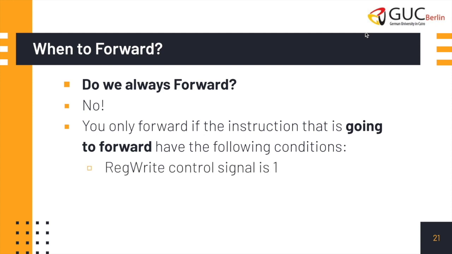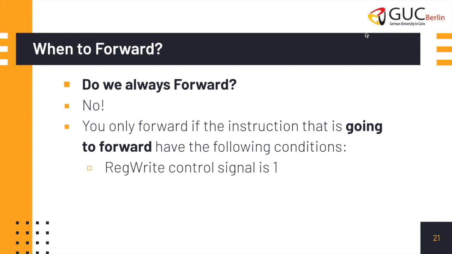The reg write control signal is 1, meaning that if I have an instruction that is going to forward its data, we need to make sure that this instruction will save its result in the register file in the first place.